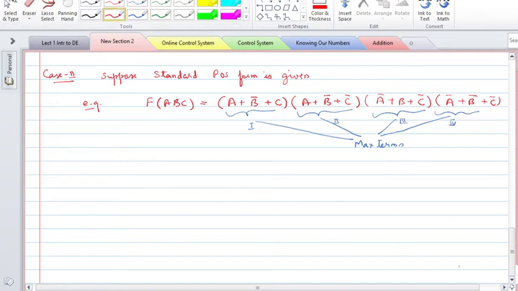So let's find the function's value for max term first, that is A plus B bar plus C. This will be 0 if A is equal to 0, B is equal to 1 and C is equal to 0.